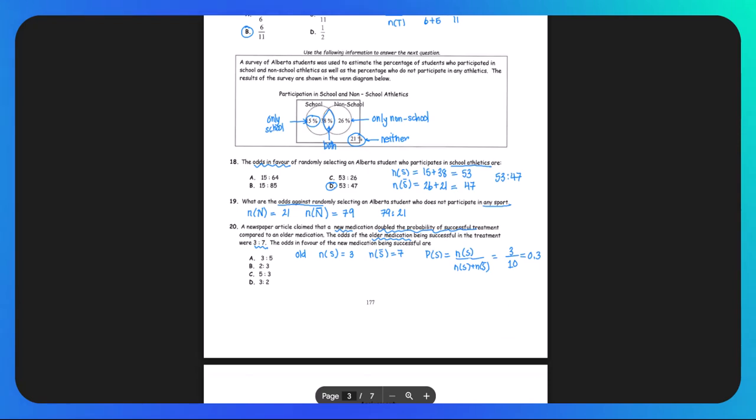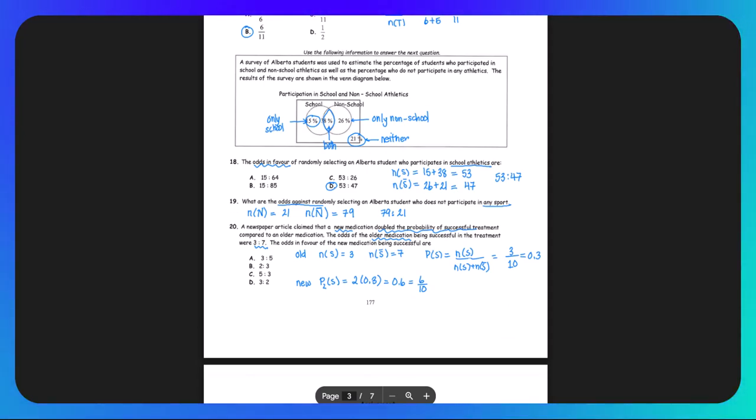And they tell us, though, that the new probability, let's call this probability 2, for success has to be double or 2 times the probability of that. Now we can write it as a decimal to get 0.6 and then convert that to the fraction, and we're just going to get 6 over 10. So that's our new probability. Now the question is saying, what is the odds in favor of the new medication being successful?